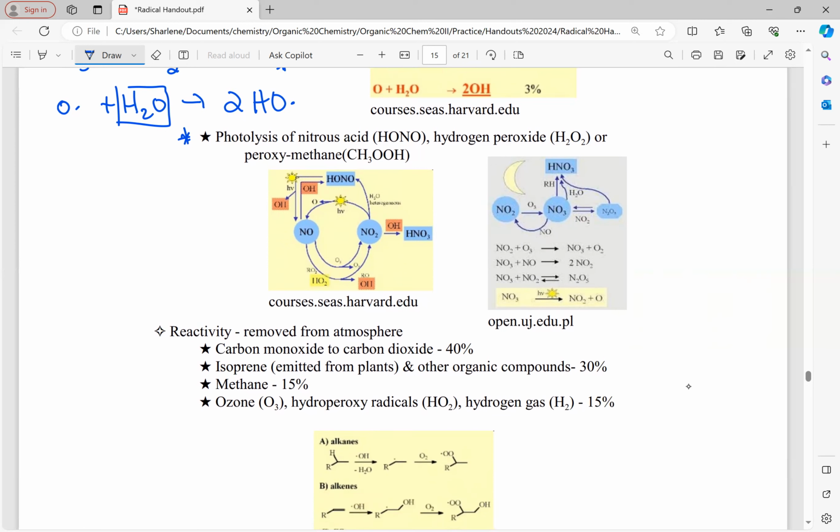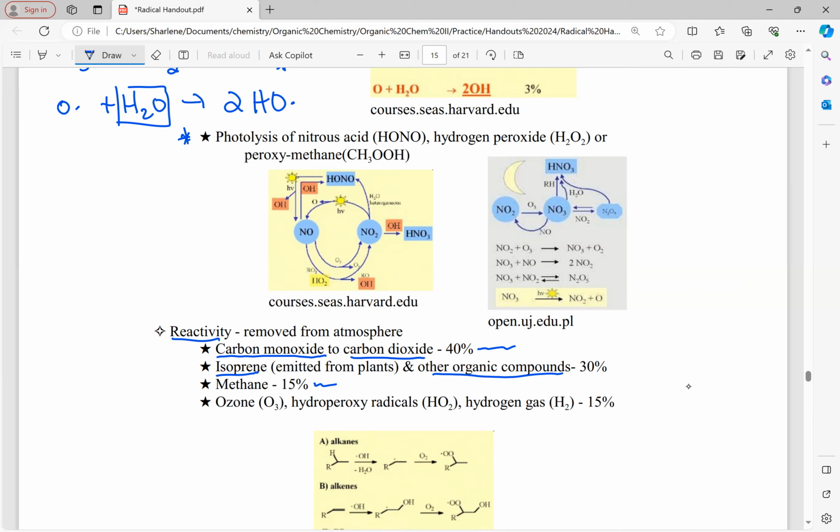All right, what about the reactivity of this hydroxyl radical? How does it get destroyed or removed from the atmosphere? Well, carbon monoxide will be converted to carbon dioxide, and roughly 40% of the hydroxyl radical is used up that way. Isoprene, remember that's the thing that will ripen fruit, which is emitted from plants, and other organic molecules take care of about 30% of it.